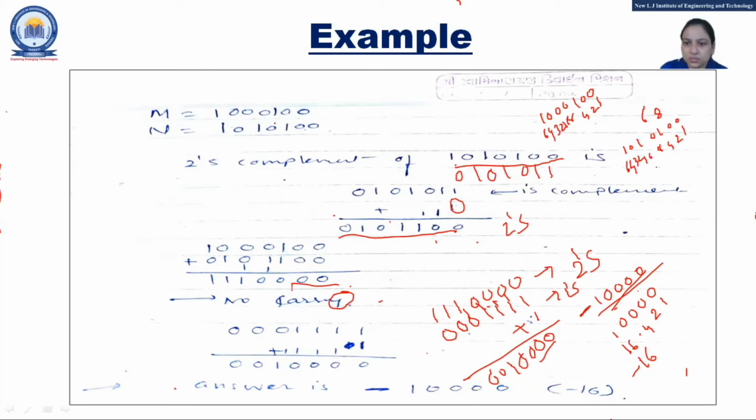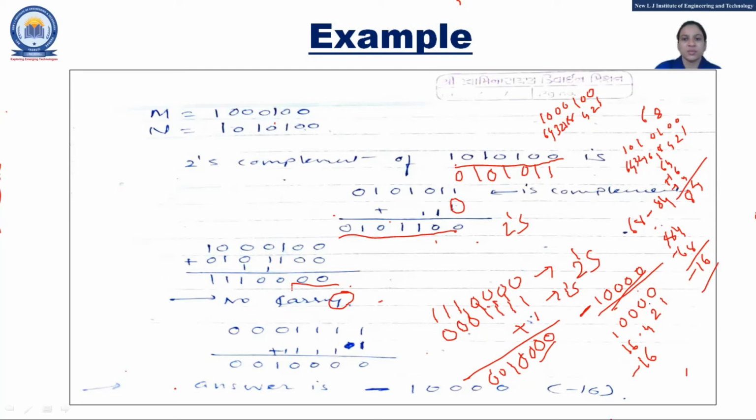So 64 plus 16 plus 4 is 84, right? Here our first number is 68, which we have to subtract from the greater number, 84. So the answer is minus 16. This shows how we can perform subtraction using r's complement.